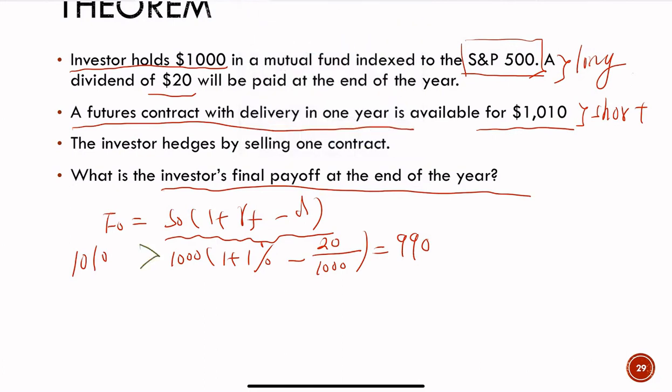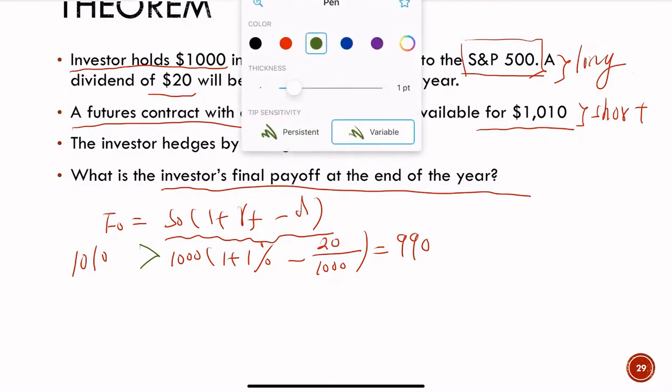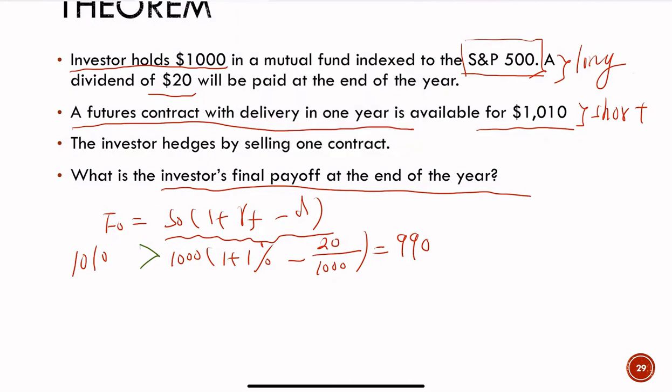Now you can see that essentially the left hand side is larger than the right hand side. So basically you can see that the spot futures parity theorem is violated, right? Now, how could you earn an arbitrage profit from this result?